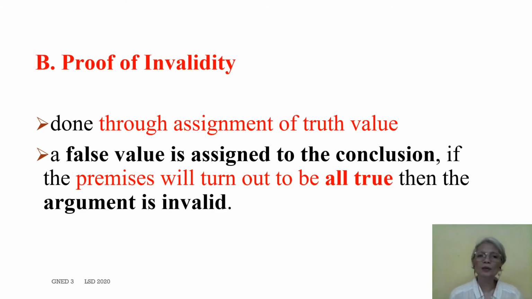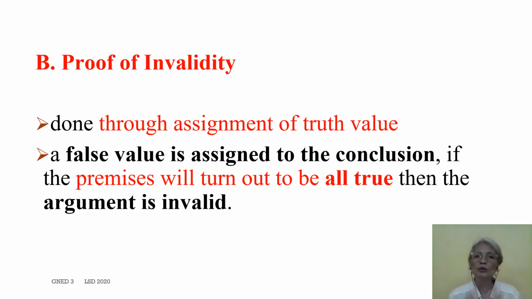Now, how is a proof of invalidity constructed? It is done through assignment of truth value. We need to assign a false value to the conclusion, and if the premises turn out to be all true, then the argument is invalid.